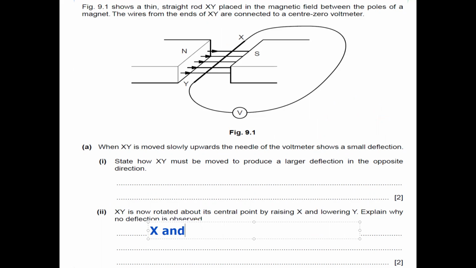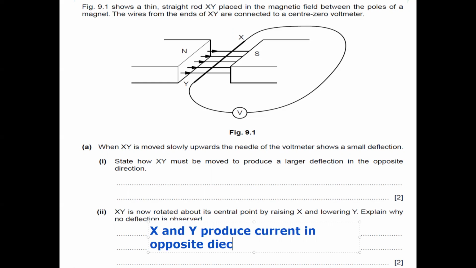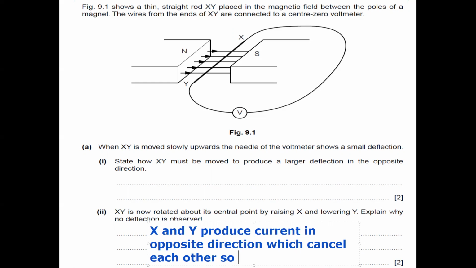X and Y produce current due to change in magnetic field in opposite directions, which cancel out, so no deflection, or it does not produce deflection.